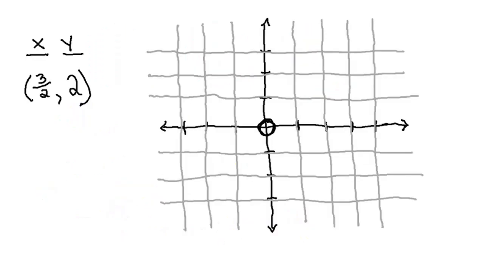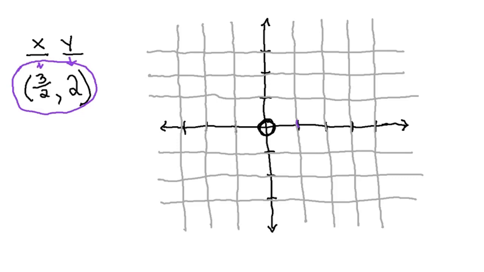Now when we graph this, here's your graph paper, and I made the graph lines gray so you'd know that that's part of the graph paper. So each of these lines equals one box. So when we graph this, here's our ordered pair, and remember X is always first and then Y. So X is 3/2.